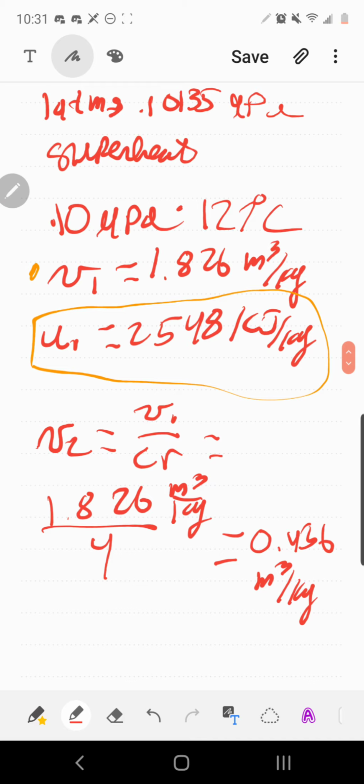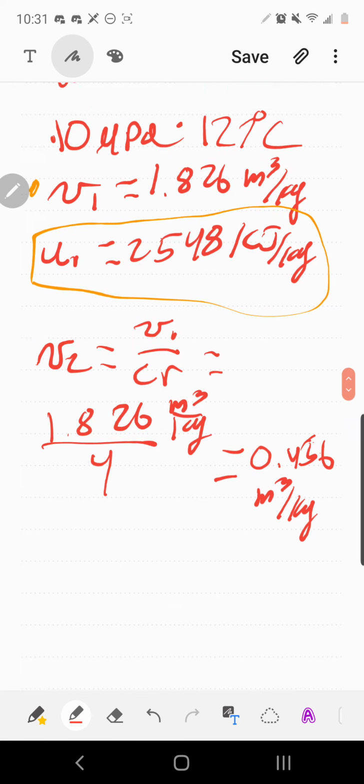With that ratio, we were able to get another piece of information so we can triangulate our position for the final pressure and final temperature, the end point for our situation.